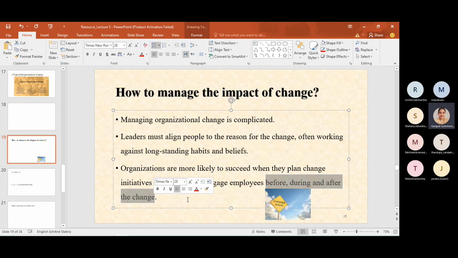These are the three stages of changes. The leaders should know how to manage their employees in all three of these stages.